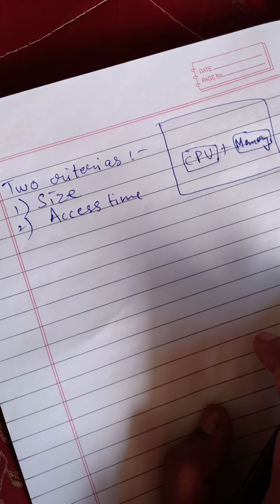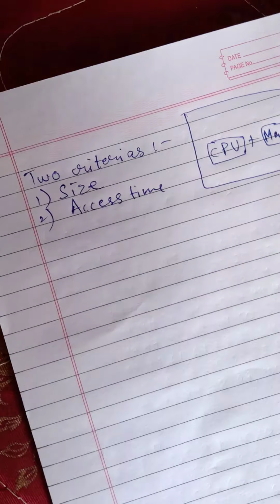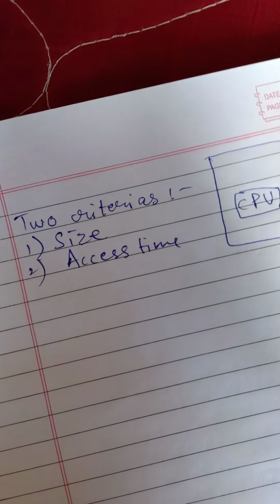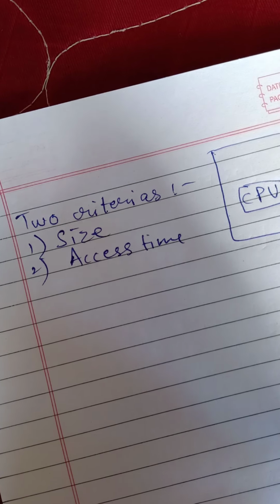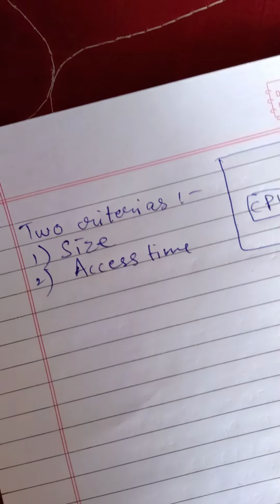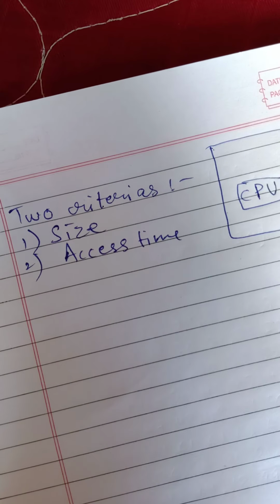Now let's talk about the constraints of these two criteria. Number one is the size.